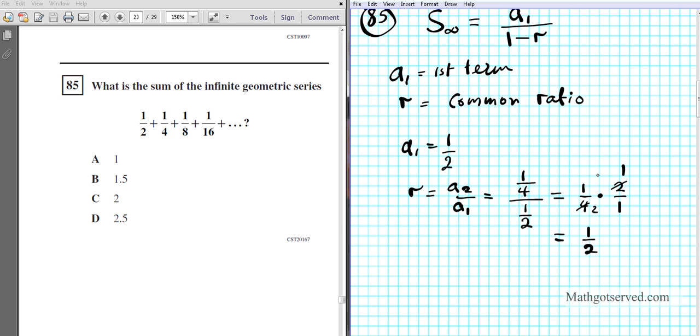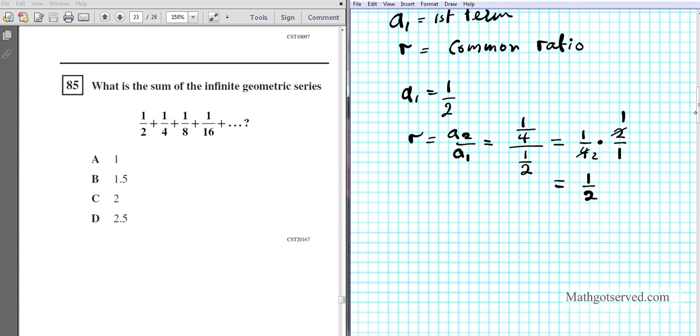Now let's find out what the infinite sum is, since we have the two components we need, A1 and R. So S infinity is going to be A1, 1/2, divided by 1 minus R, which is 1/2. The numerator stays the same, 1/2, and the denominator is 1 minus 1/2, which is 1/2.